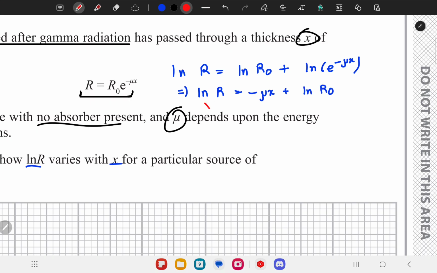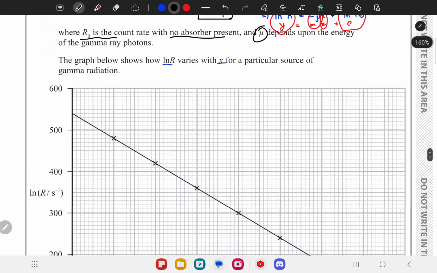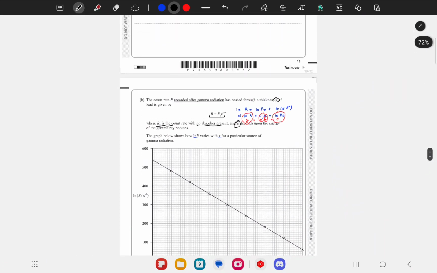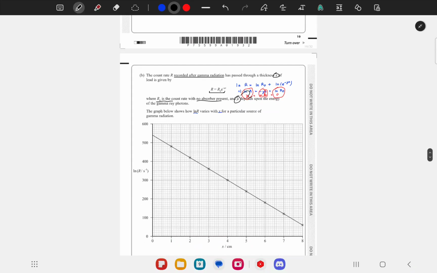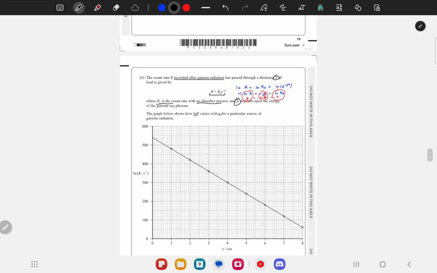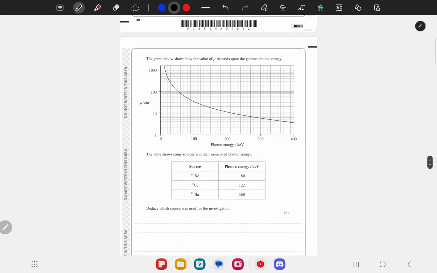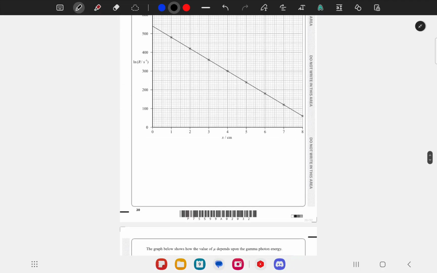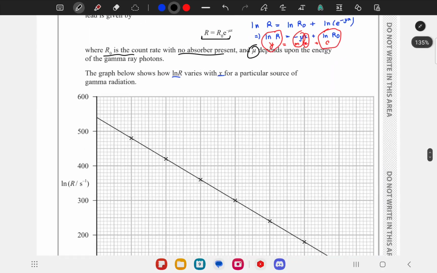This is comparable to y equals mx plus c. X is x, y is ln R, c is ln R0, and the gradient is minus mu. So the gradient of this graph will be equal to minus mu. So we can find mu from here.